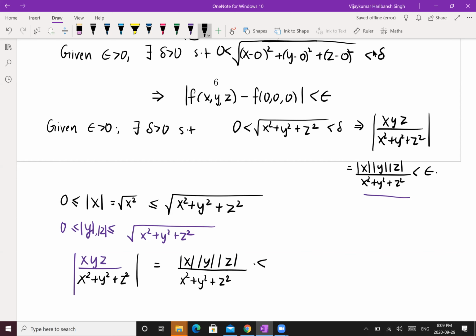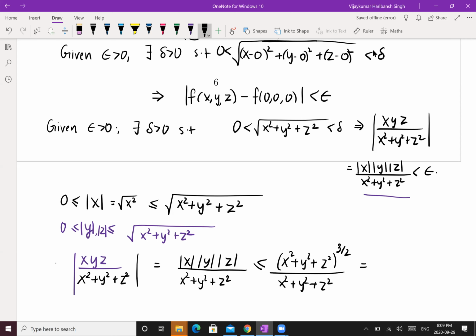Now this is less than or equal to, since each of x, y, and z is less than or equal to the square root of x square plus y square plus z square, the square root of x square plus y square plus z square to the power 3, because you have three of them multiplied, divided by x square plus y square plus z square.